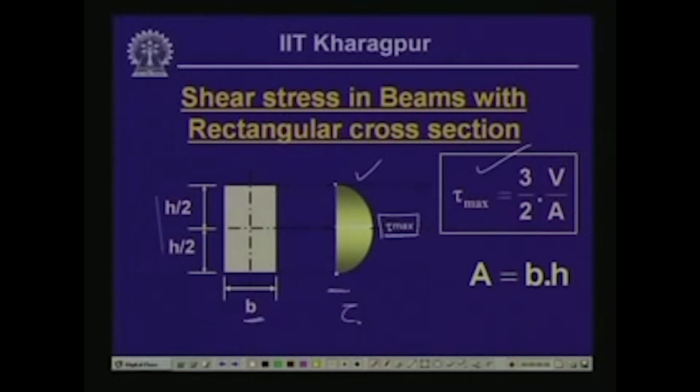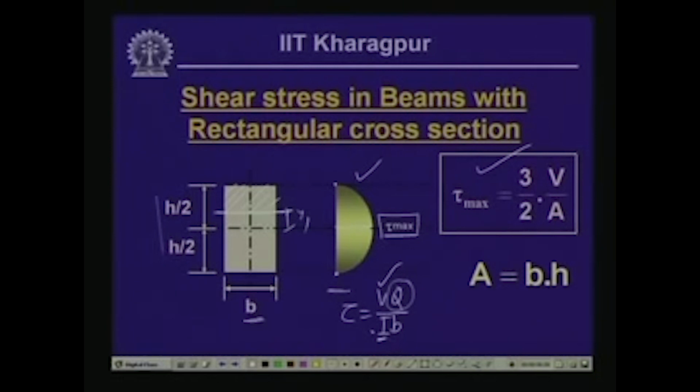If you remember, we calculate tau as equal to V Q by I b, where V is the shear force in the section where we are calculating the stress, and Q is the first moment of the area, depending on which section we are evaluating the stress. Supposing we are evaluating the stress at this particular section, which is at a distance of y1, then Q is the moment of this hatched area with reference to the neutral axis.